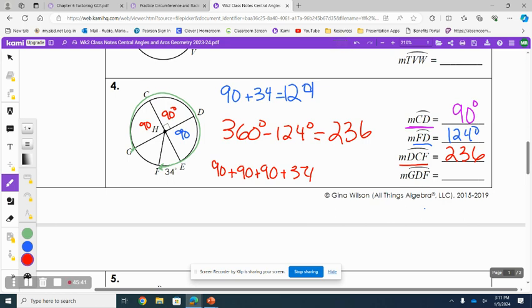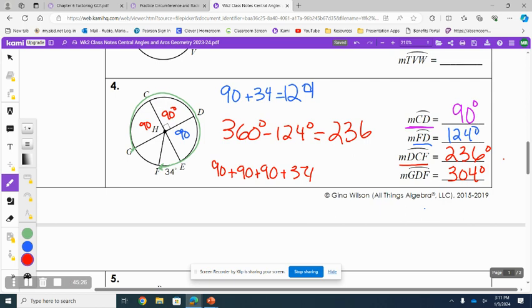We're going to add 90 and 90 and 90 and 34, and that's going to be 304. And these are all degrees. What questions do y'all have so far?